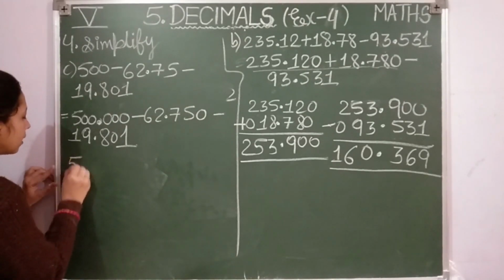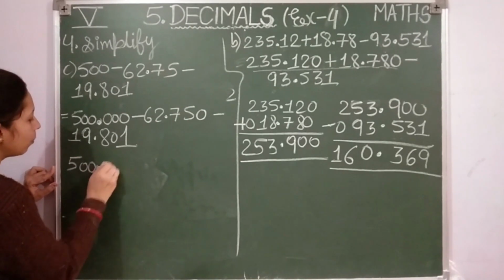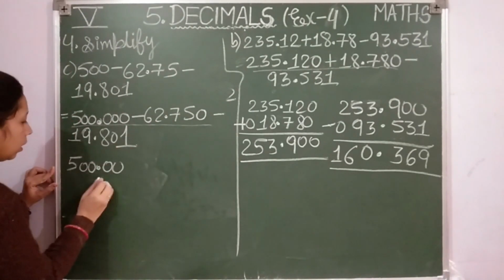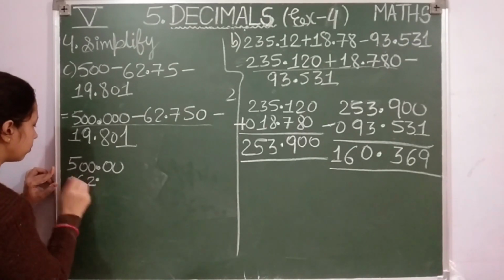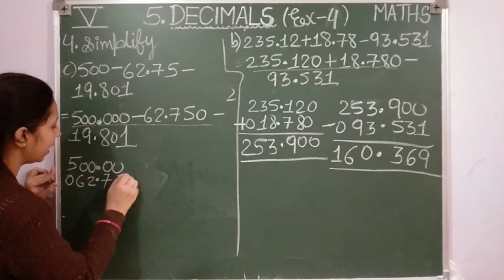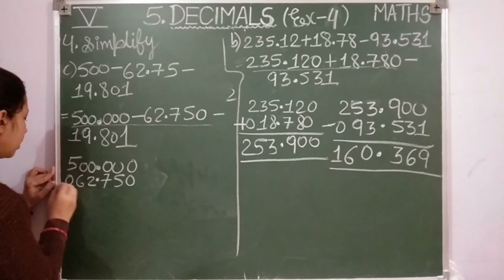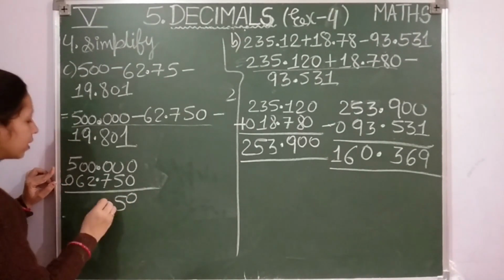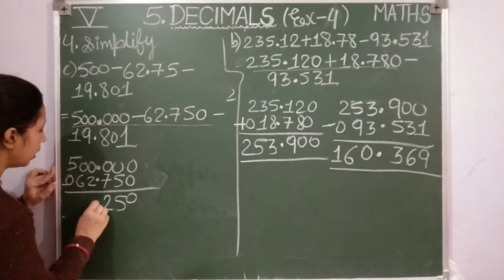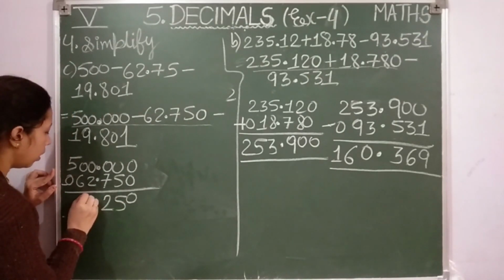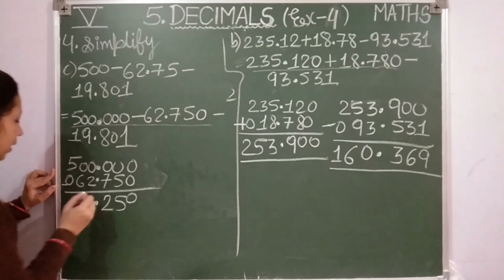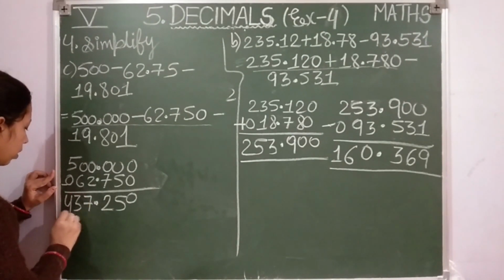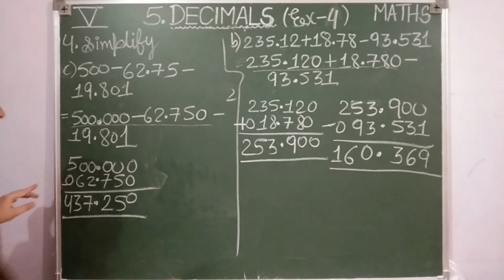Now we can start solving. So 500.000, let us subtract these two first. The way I have already explained to you, that way only you will be using. Subtract 0 minus 0, 0, 10 minus 5, 5, 9 minus 7, 2, 9 minus 2, 7, then 9 minus 6, 3 and a 4. 437.250.